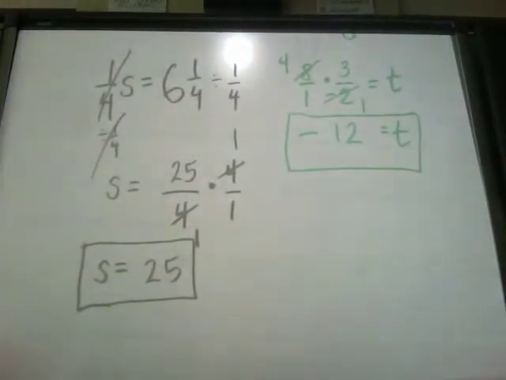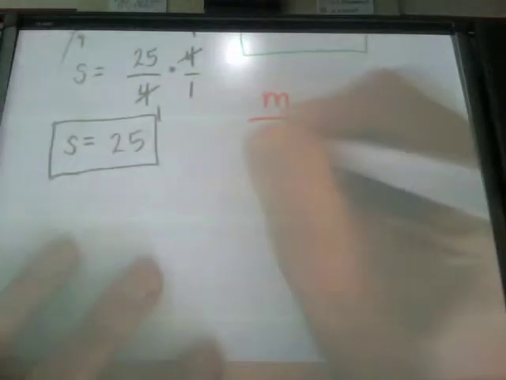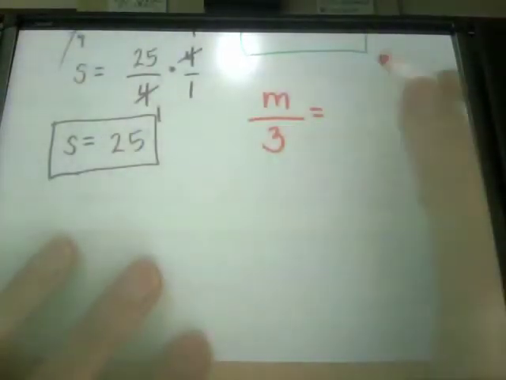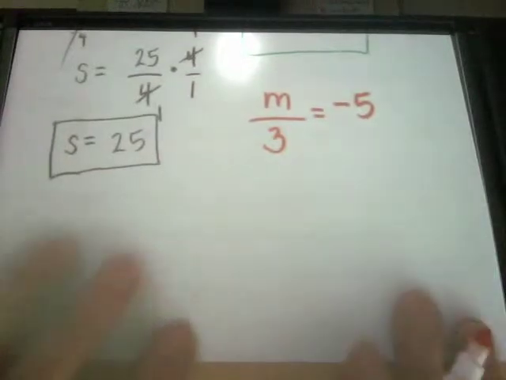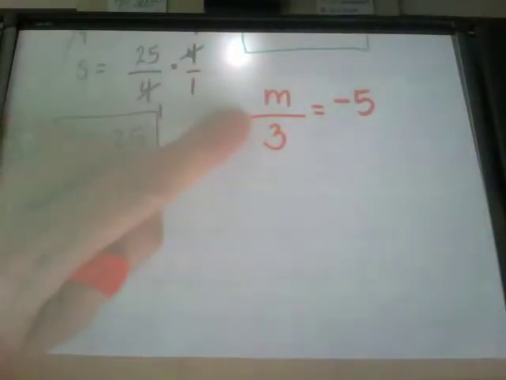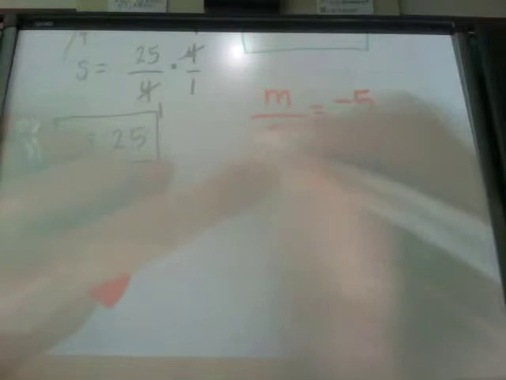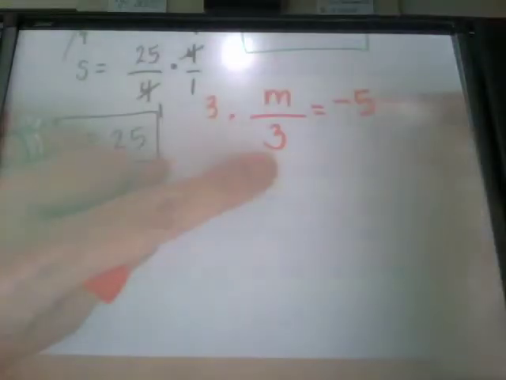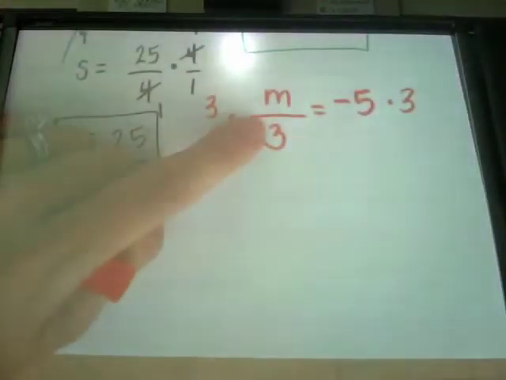We are going to see both multiplication and division here. Just be aware that with division, it might be the division sign or it might be like this with the fraction bar. We've got m divided by 3. The opposite of divided by 3 is to multiply both sides by 3. So again, this is divided by 3.